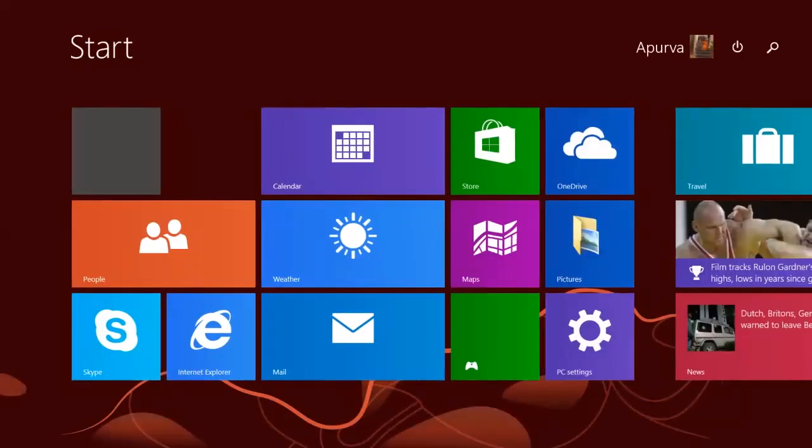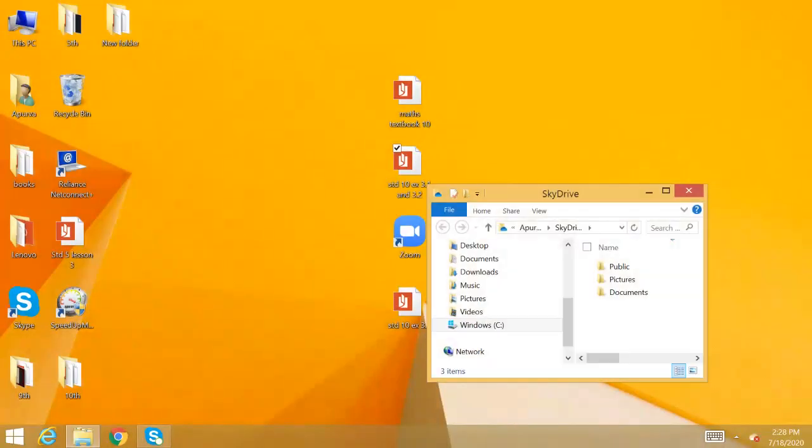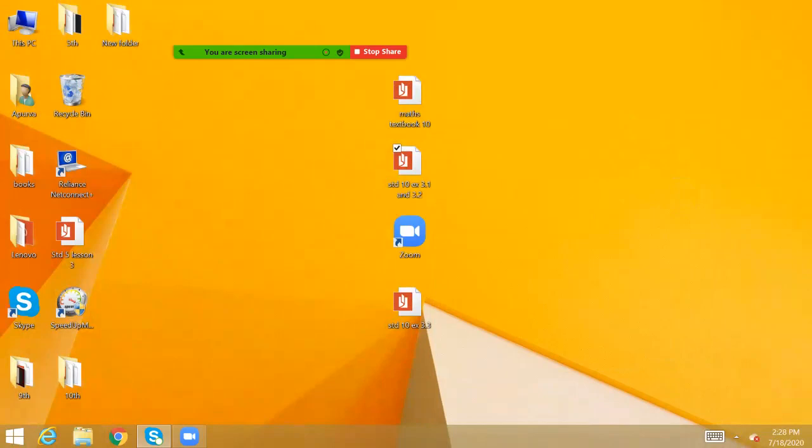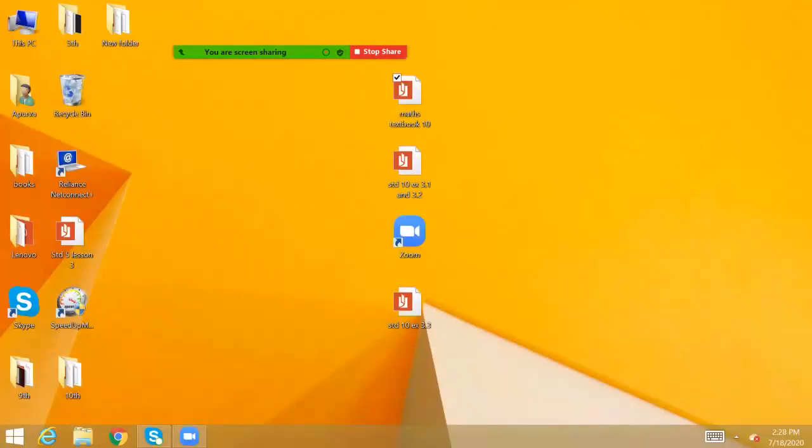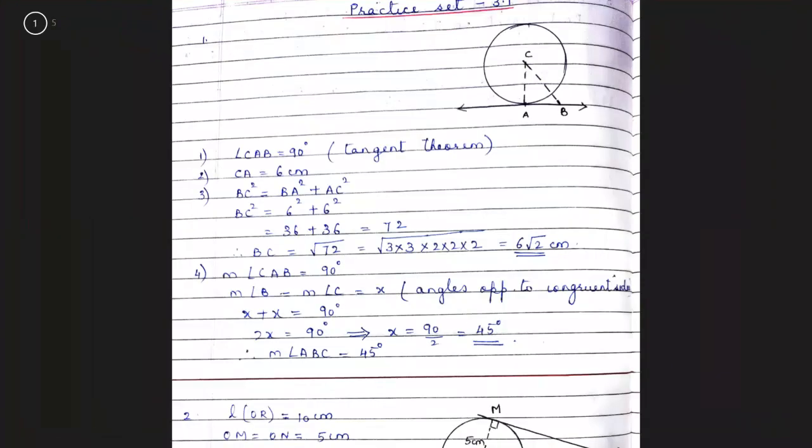Next, for question number 4, what is the measure of angle ABC? So from the figure, we have to find out the measure of angle ABC. Now we know the measure of angle CAB is 90 degrees, right? Because the radius is perpendicular to the tangent.